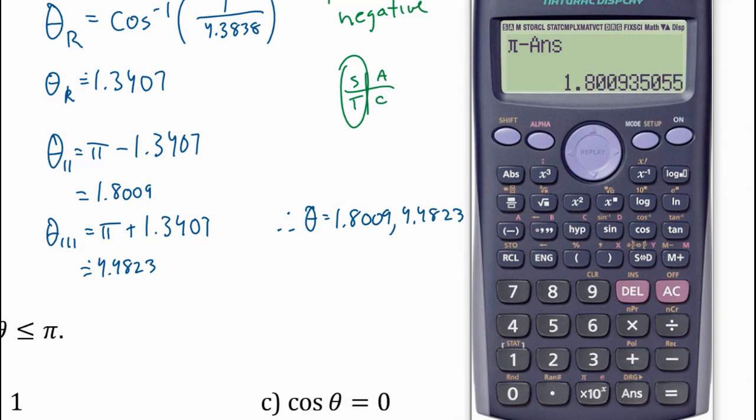And then you either type it back in again, shift cos of such and such, or you go up and hit equals again, so you've got the answer stored again. And then shift pi plus answer. However you want to do it on your calculator, you figure out a way that works for you, that's fine. The first way I showed you is a little bit more efficient. Not saving you that much time on a test, but understanding how to use your calculator efficiently is a useful tool. Any questions?